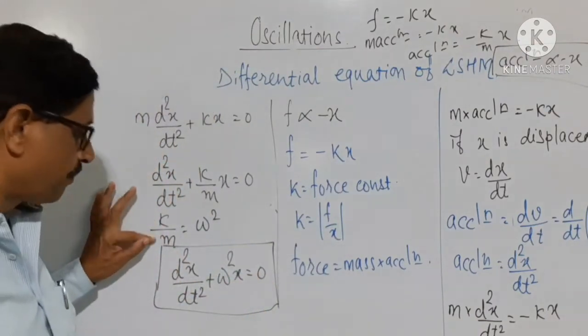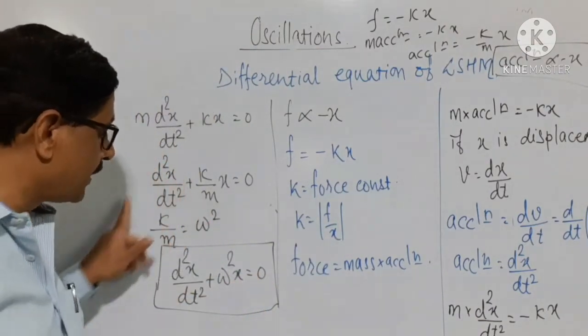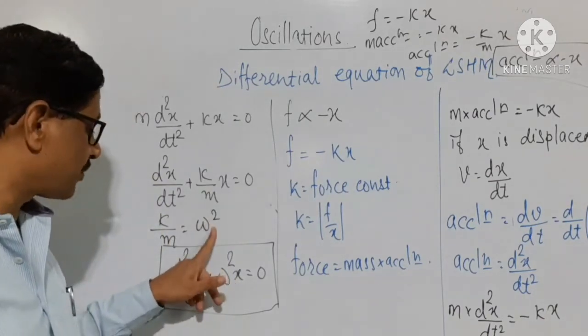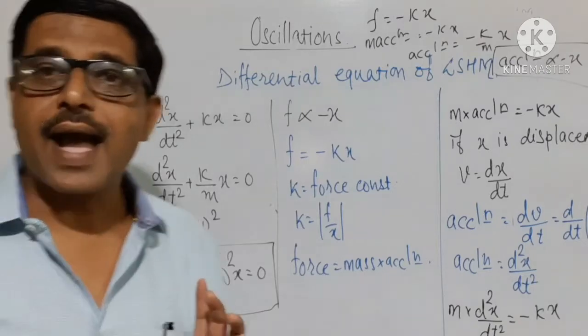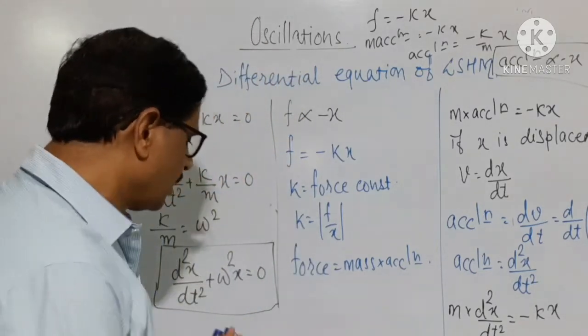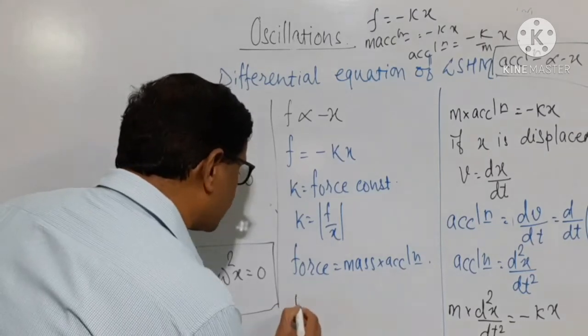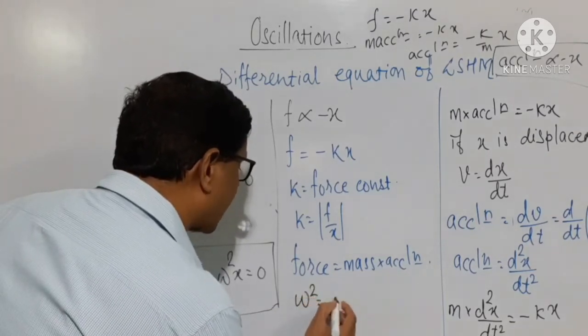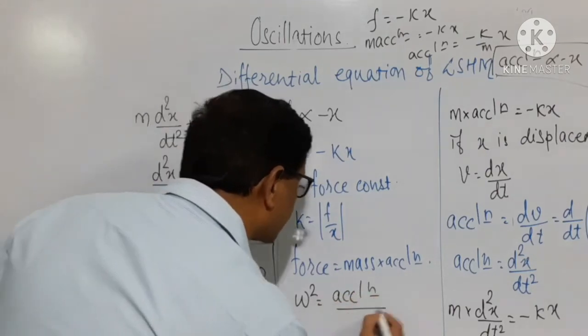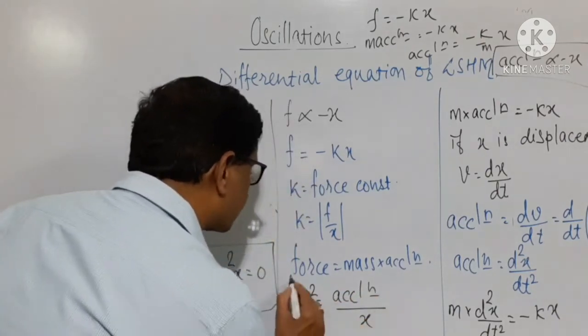Then k by m, we will treat it as omega square, and this omega square is force upon mass, acceleration per unit displacement. This is one more thing that we get in this video lecture, that omega square is nothing but acceleration per unit displacement.